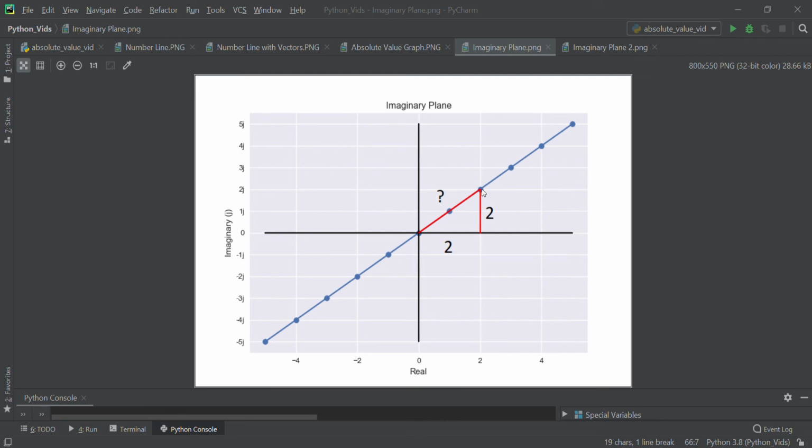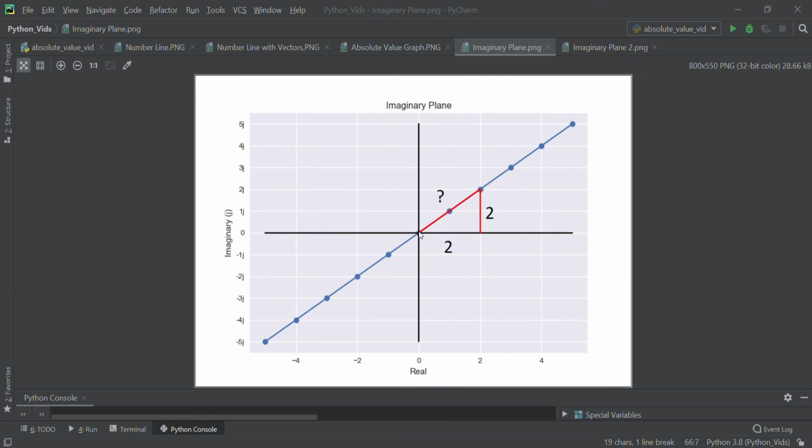If the real part is 2 and the imaginary part is 2j, and we plot it on our graph, and we draw the line segment from that point in our graph to 0, then we're getting the distance. This line segment is the distance as the crow flies from this point to 0.